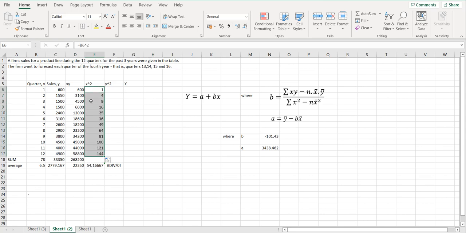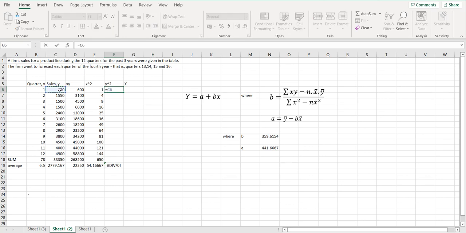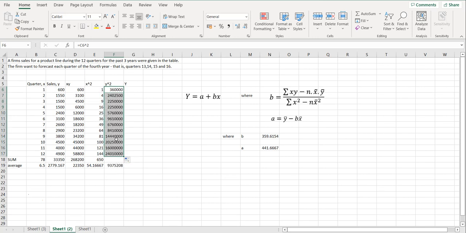You will have the x squared values, and the summation you also put there. The y squared value is simply squaring the y value, which is y to the power of 2. Then just copy it down, and you have all the values as given here.